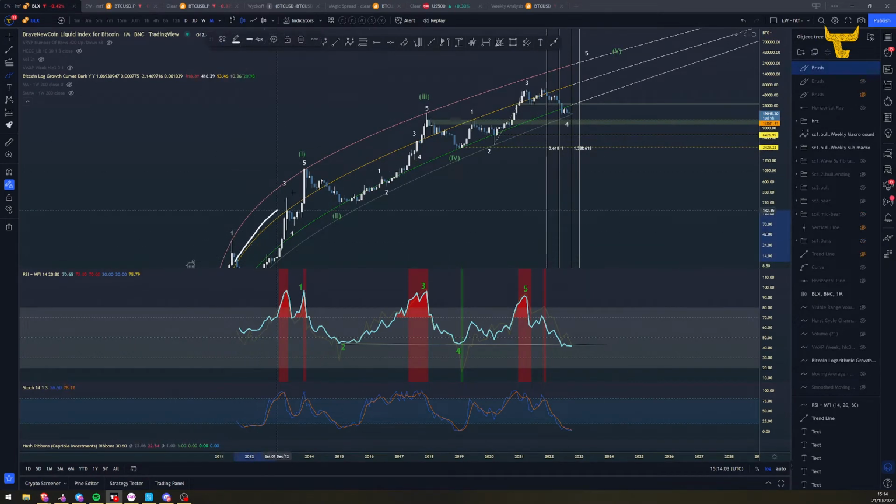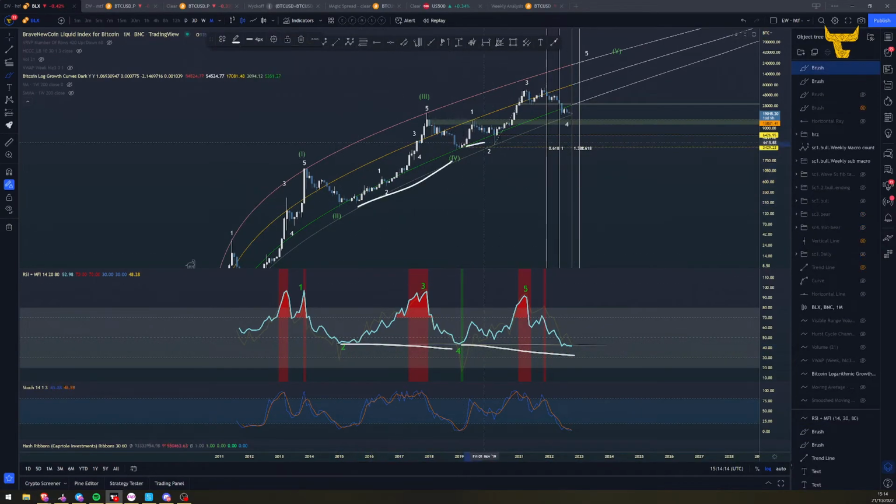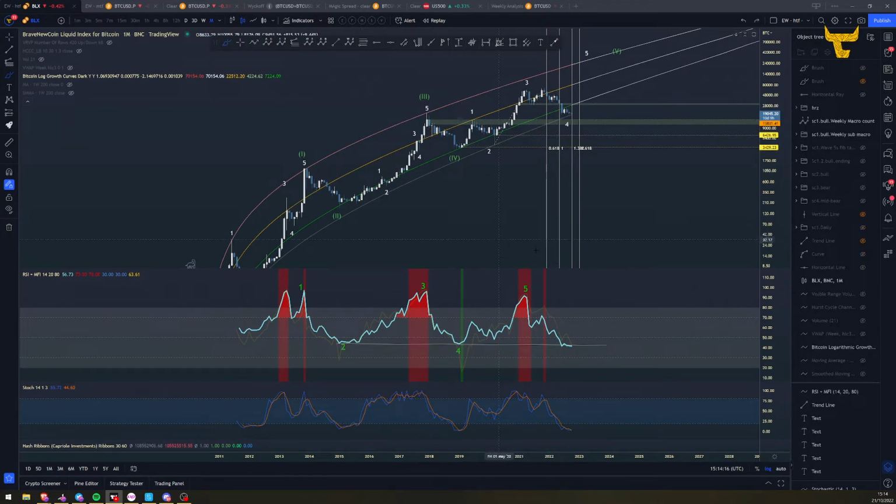But the idea is the same, right? To have the 1, 2, 3, 4, just extend the 5th a bit more here. You could argue we have hidden bullish divergence between these lows. And at the end of the day, we're still in the area where we should favor accumulation.